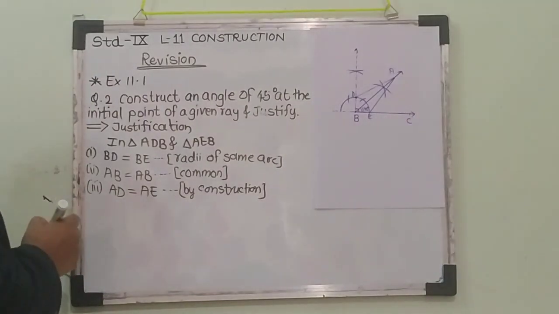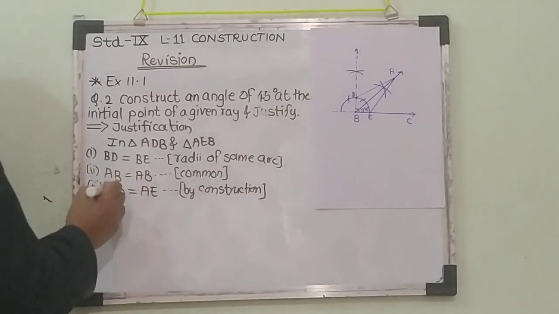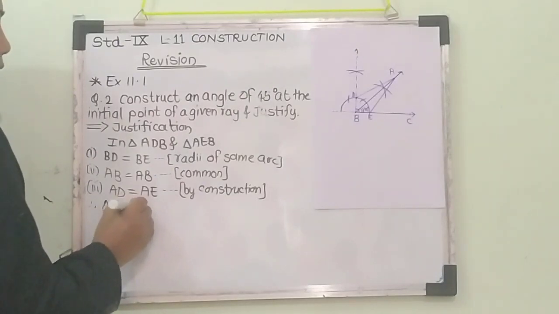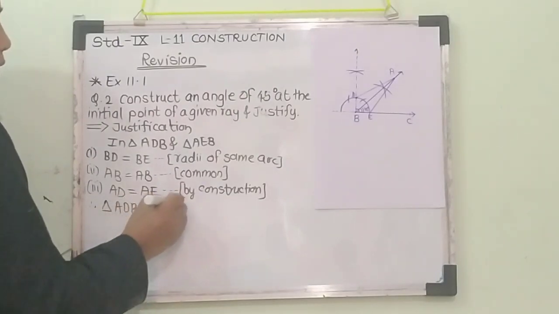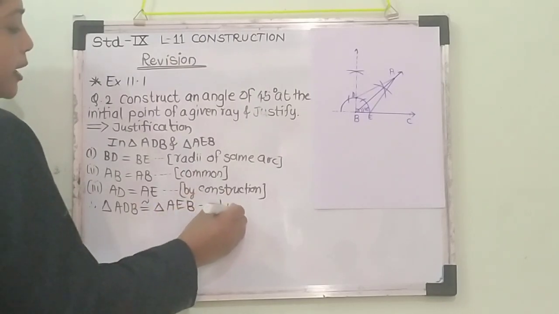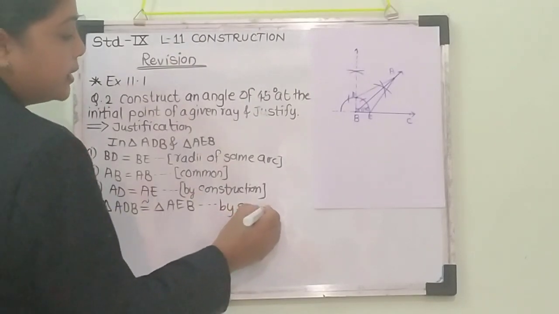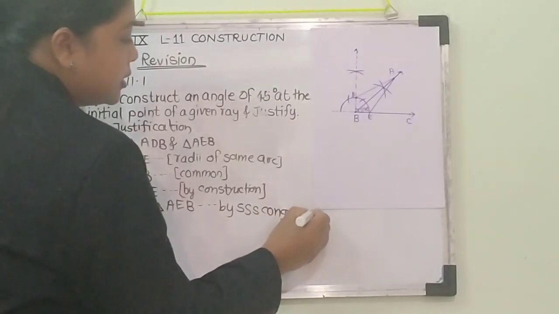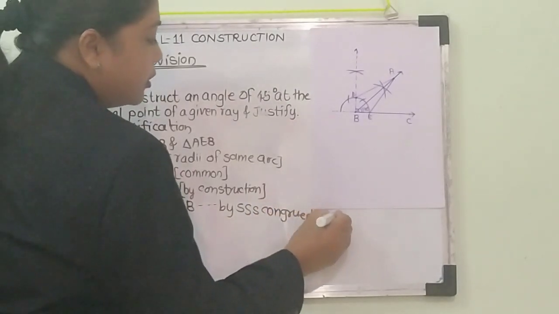So here we get that triangle ADB is congruent to triangle AEB by the SSS congruence rule.